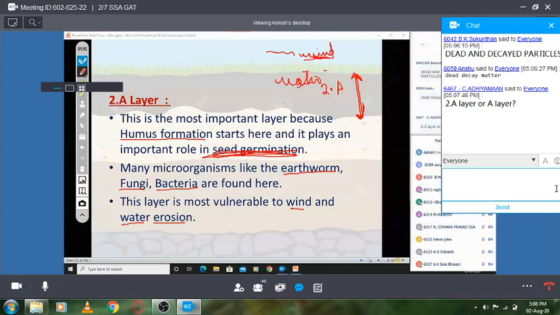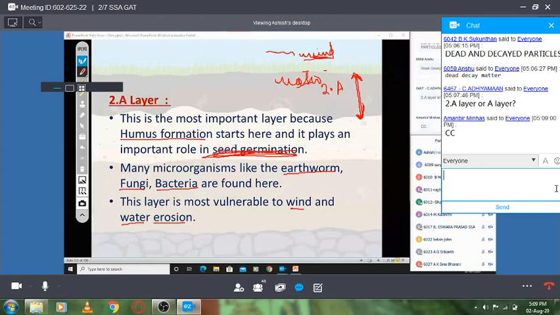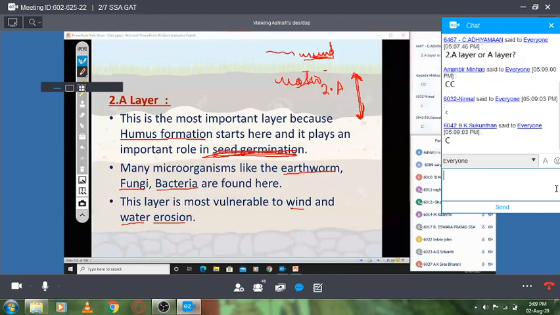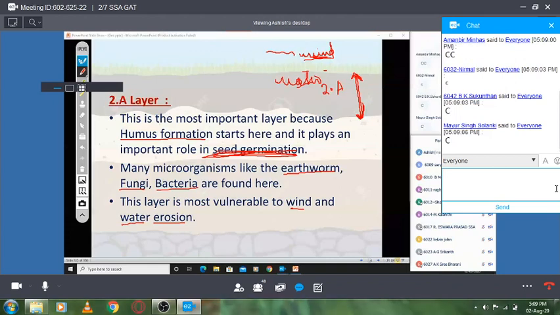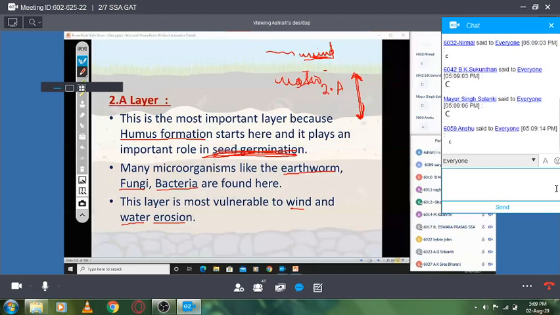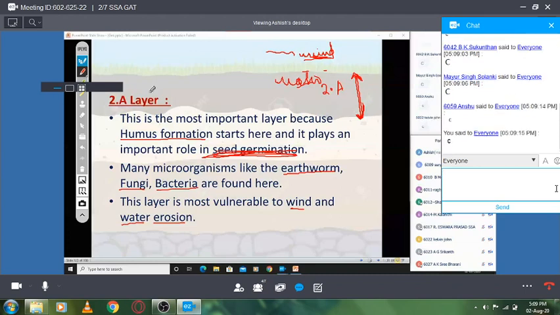Is it clear, boys? Is it clear to everyone? First layer.